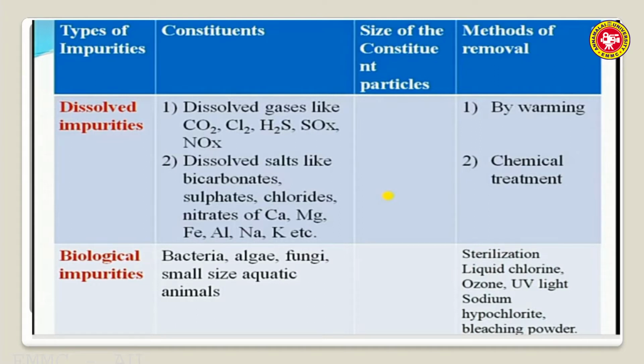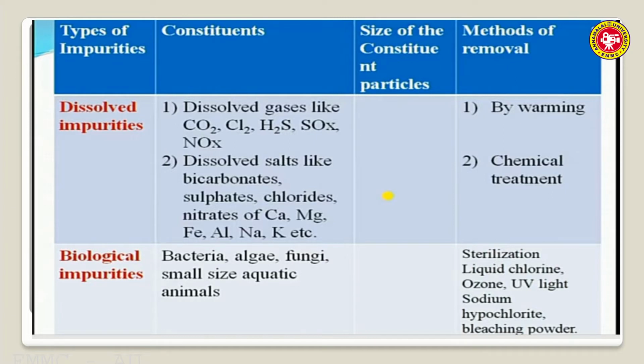Dissolved salts are carbonates, bicarbonates, sulfates, chlorides, nitrates of calcium, magnesium, iron, aluminium, sodium, potassium, etc. In our syllabus, this is the main part we are going to discuss, the dissolved salts, because these dissolved salts of calcium and magnesium cause the hardness of water. So in our syllabus, we will be keenly discussing this category.